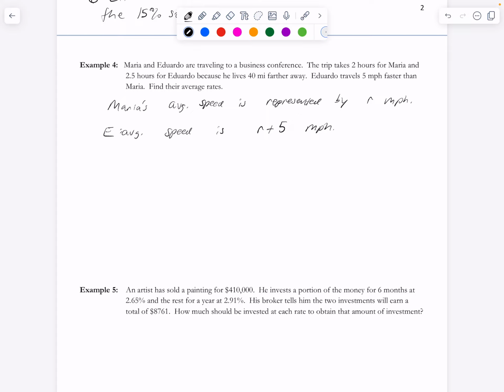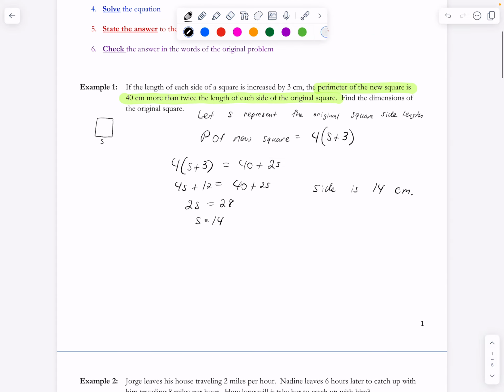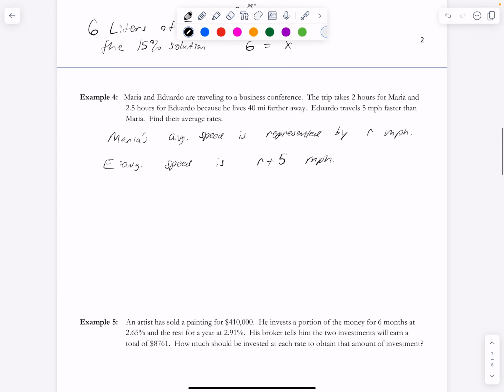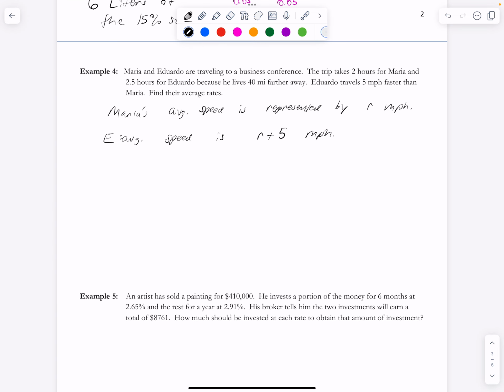Now it takes Maria 2 hours. When we did this before, in example 2, distance is the rate times time. So Maria's rate or speed is R. So for her distance, I'm going to do R for her rate times 2 because she's traveling 2 hours. So 2 hours times her average rate would give us the distance she's traveling.